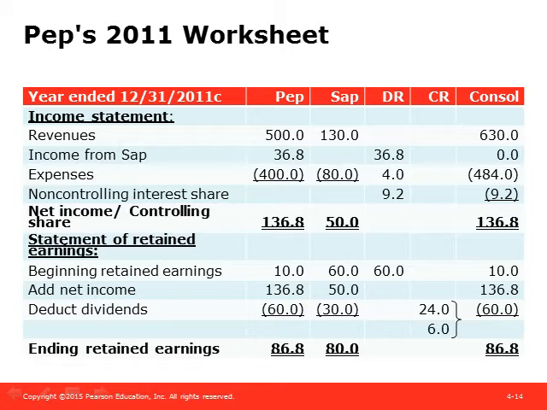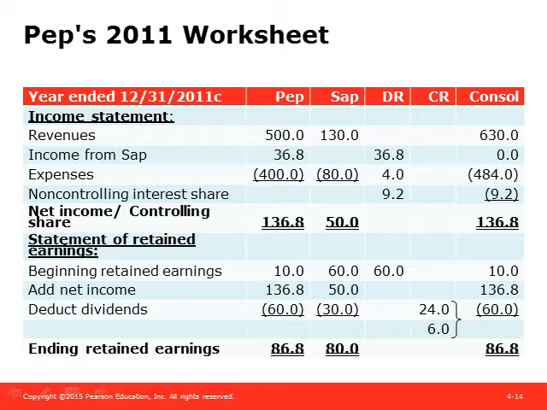So when we put that across, we get to a 0 income from SAP. And then we've also added the appropriate amount of expenses, and namely it's the $4K that we amortized the patents.